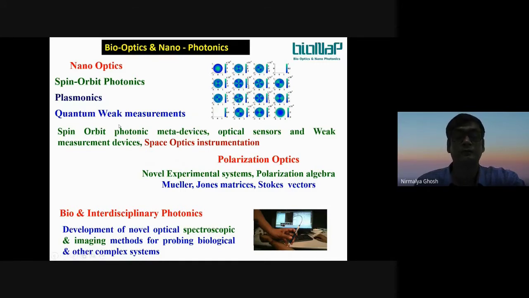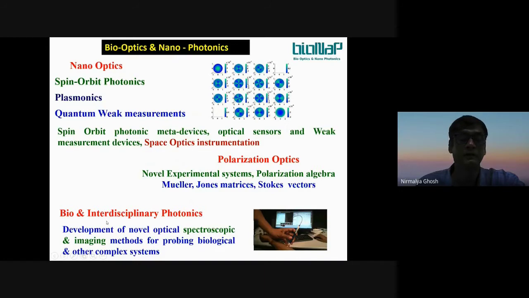We also develop spin-orbit photonic meta devices, optical sensors, weak measurement devices, even for space optics instrumentation. Another area we work on is polarization optics, and we intend to develop novel experimental systems, polarization algebra, Mueller-Jones matrices, Stokes vectors, etc. And we use this polarization optics in the domain of nanophotonics and also in bio and interdisciplinary photonics.